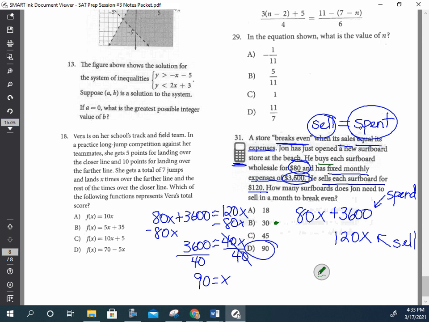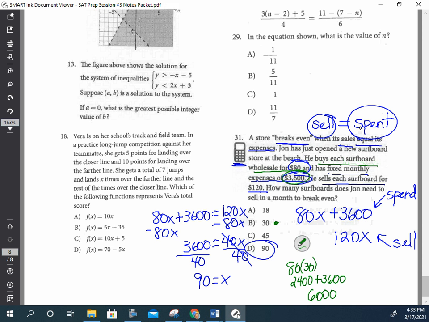So he buys each surfboard for $80. So that's 80 times 30, which is 2,400. And he has fixed monthly expenses. So that's 3,600. That's $6,000. So again, we're doing guess and check here.